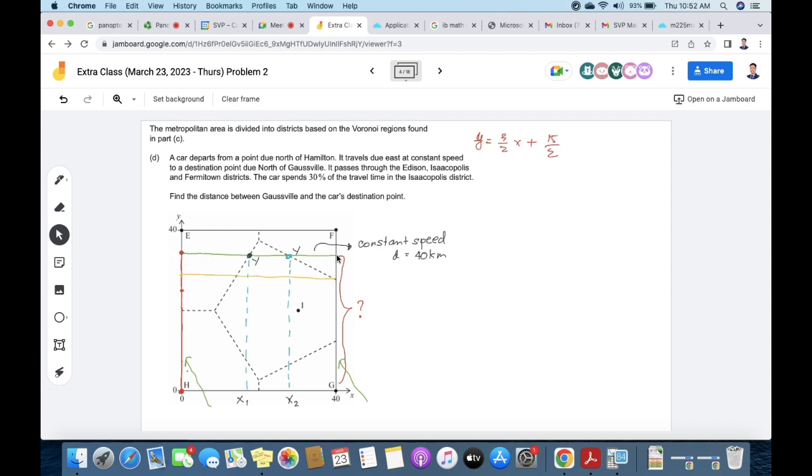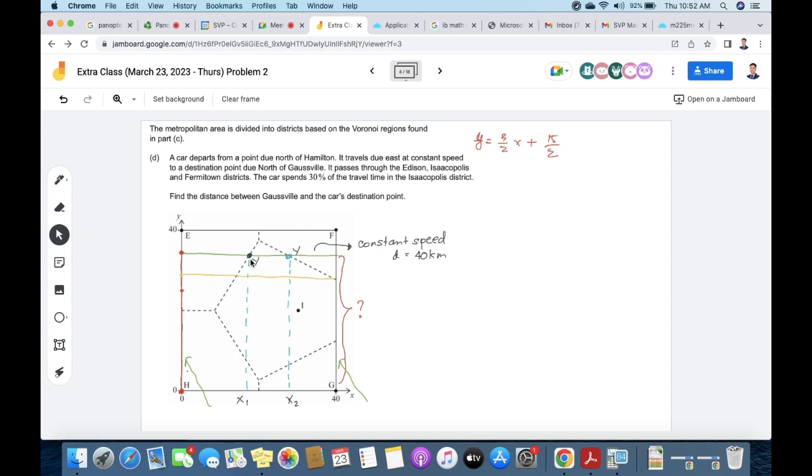Were you able to get that? All the y coordinates of all the points on this line. So this vertical distance is equal to this vertical distance, which is also equal to this vertical distance, which is equal to this vertical distance, the one we're looking for. Is it clear?